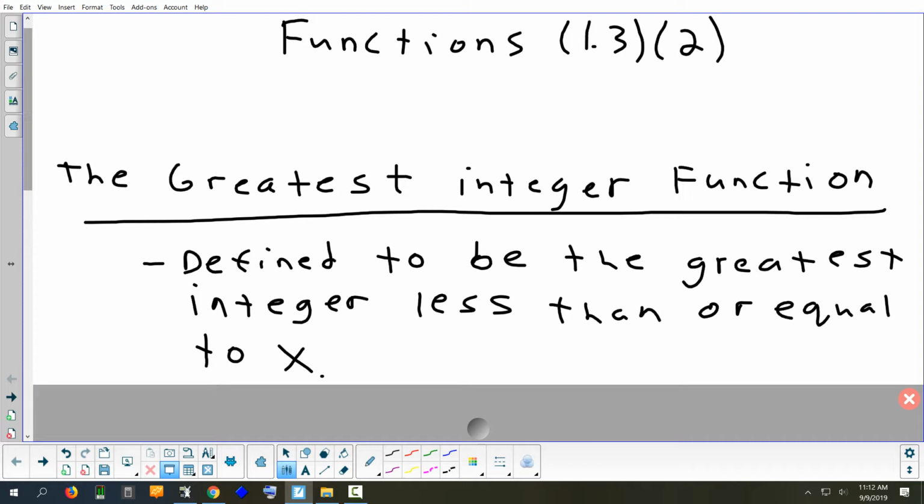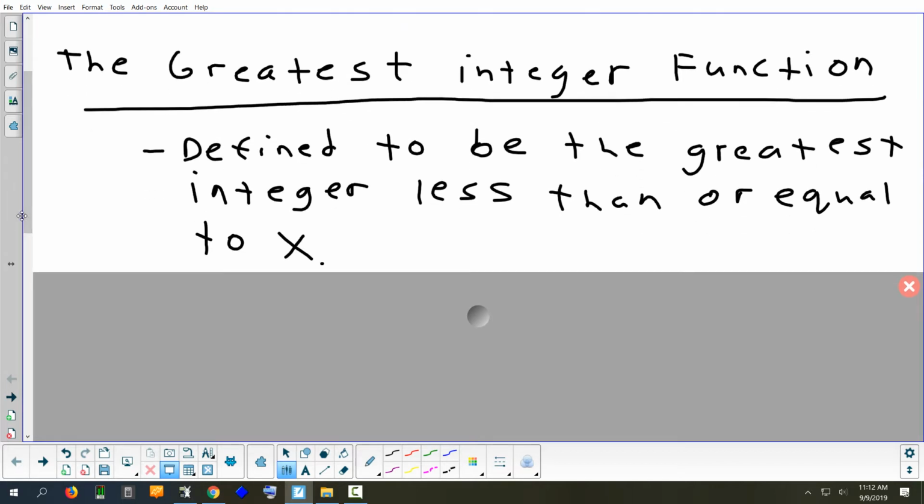So in other words, you give me any number you want, and I will give you the biggest integer that I can that is less than or equal to the number you gave me. It can't be more. It has to be less than or equal to the number you give me.